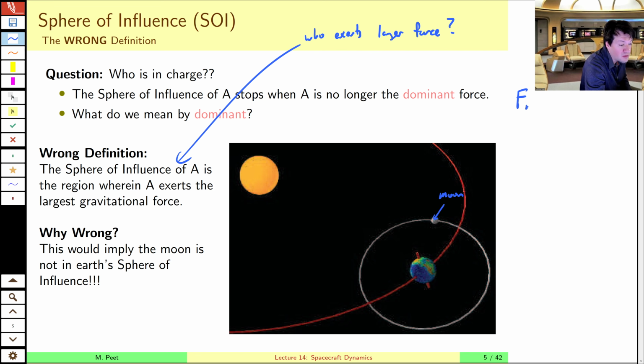The force on the moon due to the sun is much, much greater than the force on the moon due to the Earth. So that would imply, if we use that definition, that the moon is orbiting the sun, which of course seems silly.